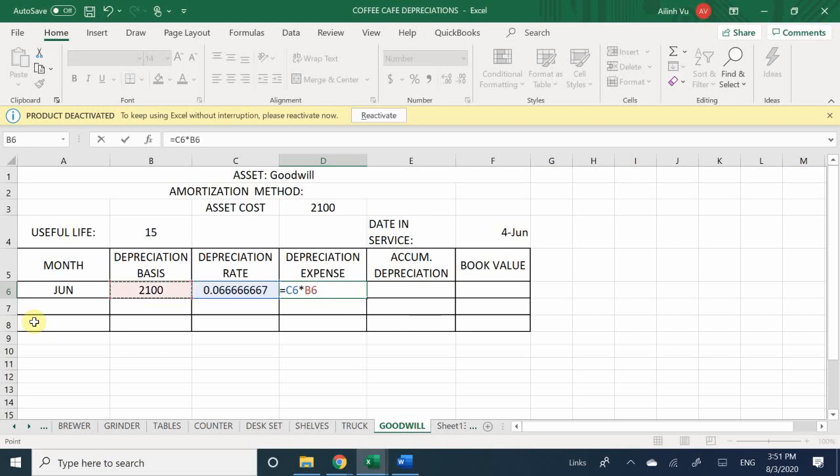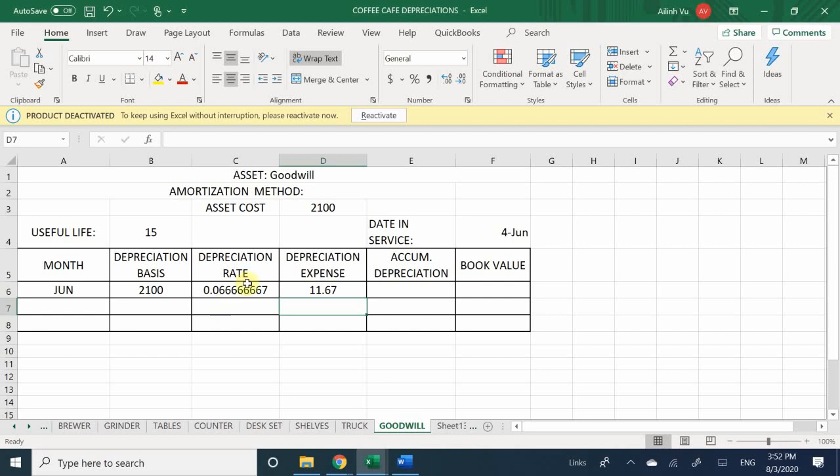Then multiply those two together, 2100 times 0.0666667 equals 140.